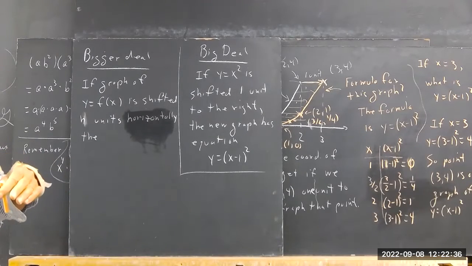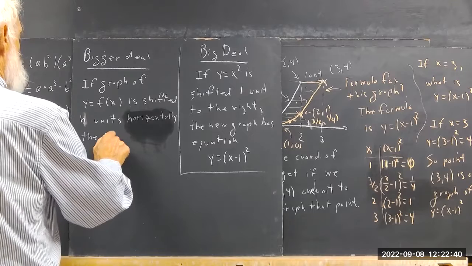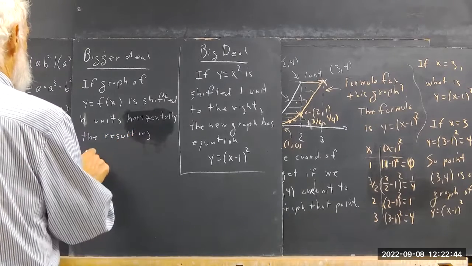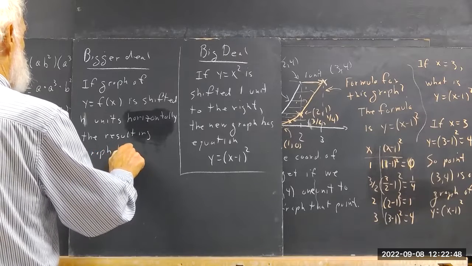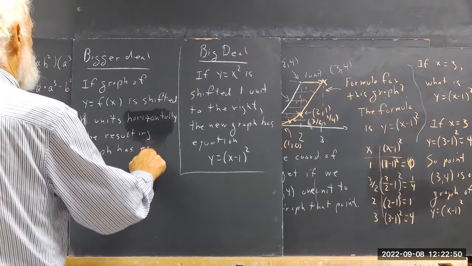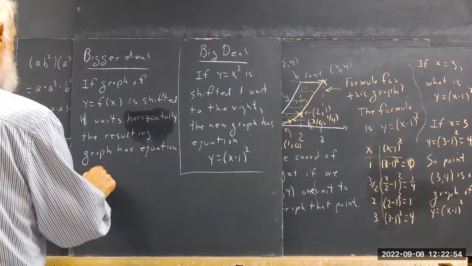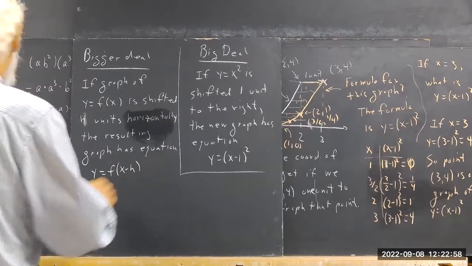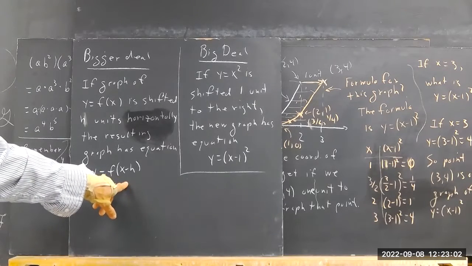You're going to see the explanation. And the equation is going to be y equals f of x minus h.